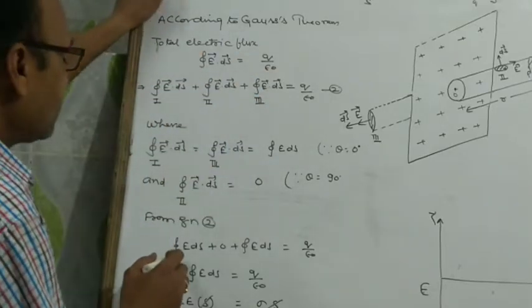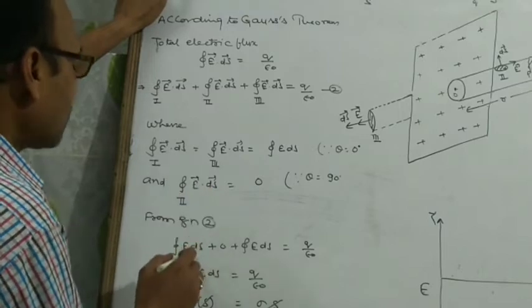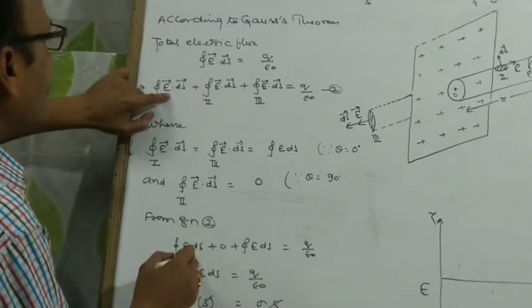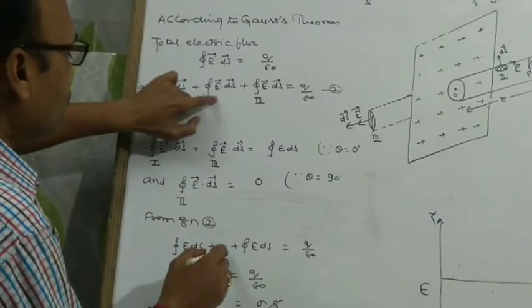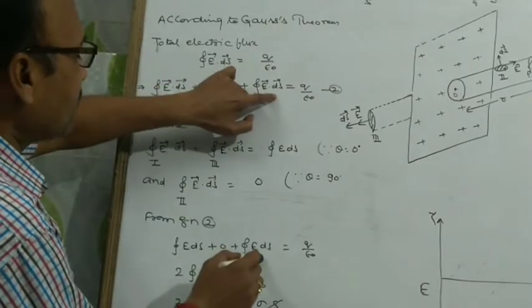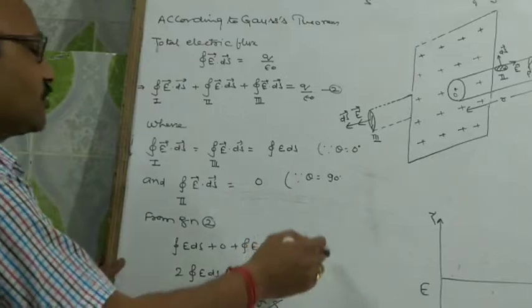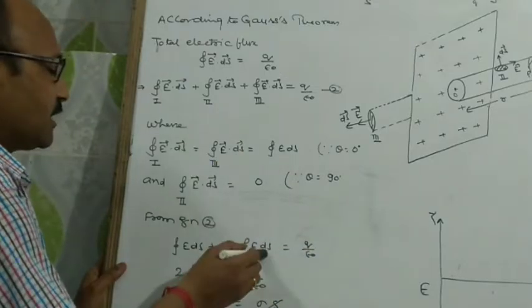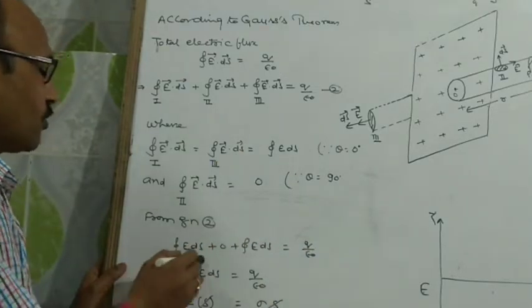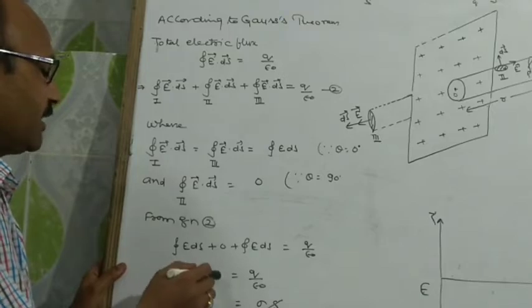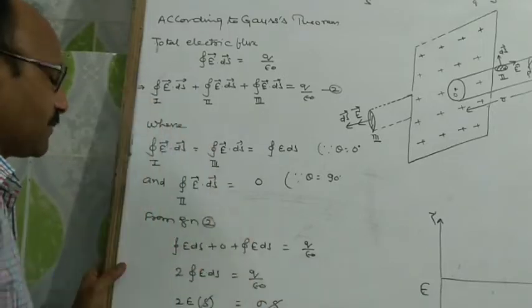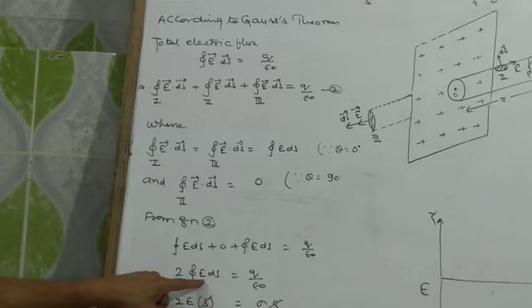So we can write closed surface integration of E dot ds in place of this, 0 in place of this, and E dS in place of this. This plus this equals 2 times closed surface integration of E dS equals Q upon epsilon naught. E is constant for this integration, so we take it outside.